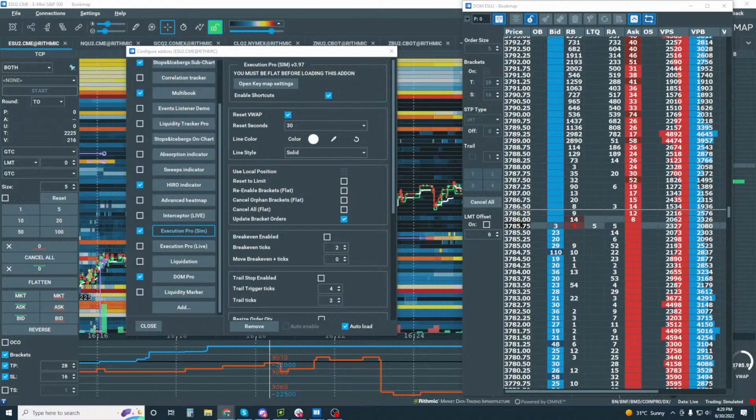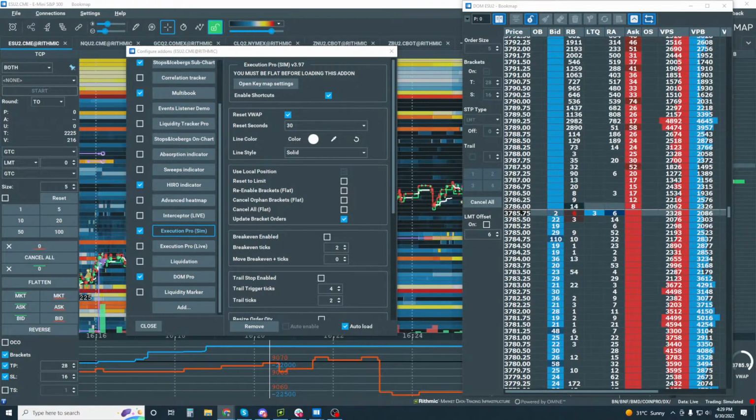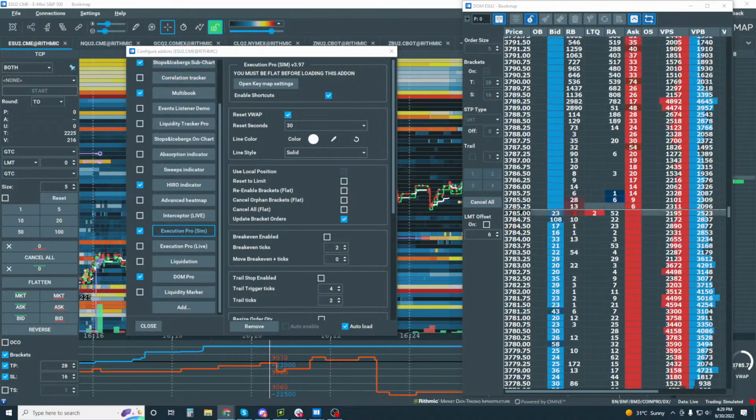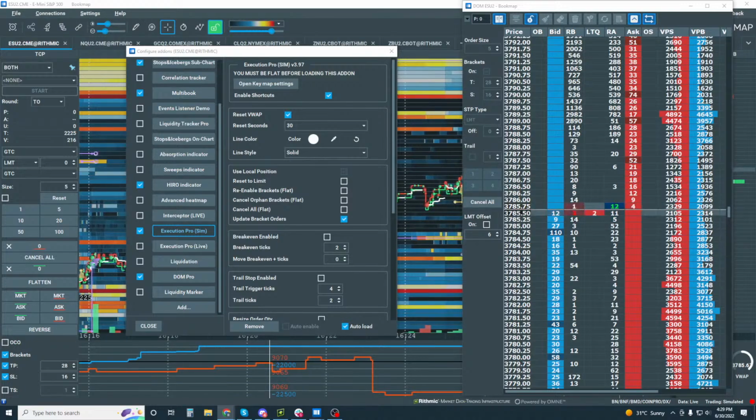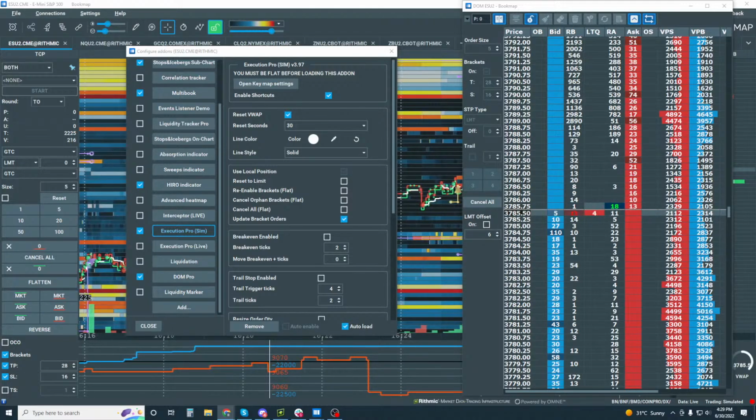Teddy, this is for Global Plus. You'll need to have Global Plus in order to have it. Execution Pro and DOM Pro. Stop, no, break even. The break even feature was based on ticks.